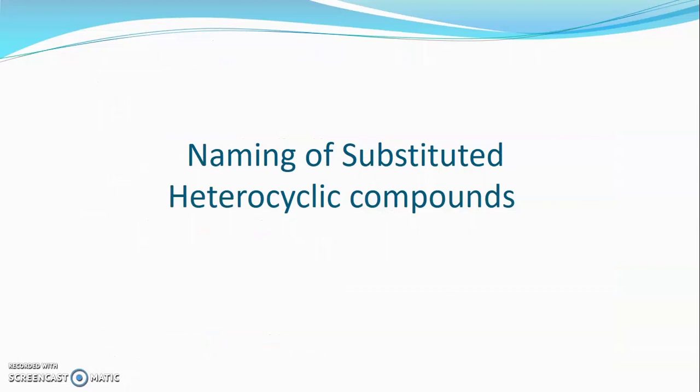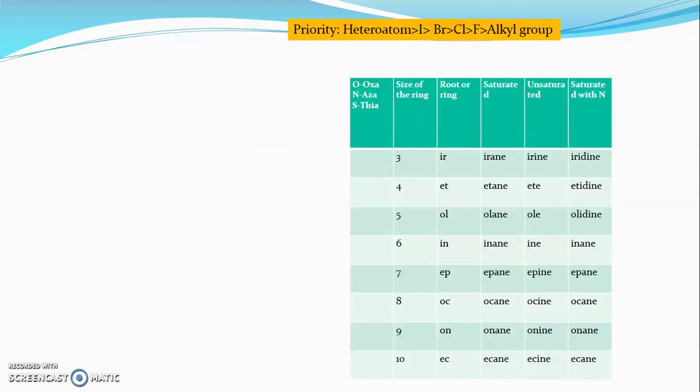Now we will start with naming of substituted heterocyclic compounds, because till now we have just seen the basic rings and their namings. But such simple compounds you will never get in the exam. You are going to get substituted and much more complex compounds. So we are going to proceed with this. Here the priority will change.